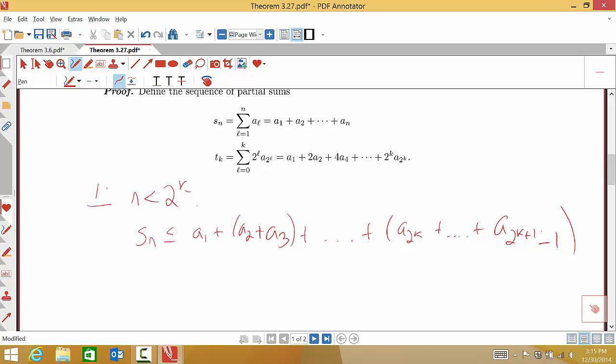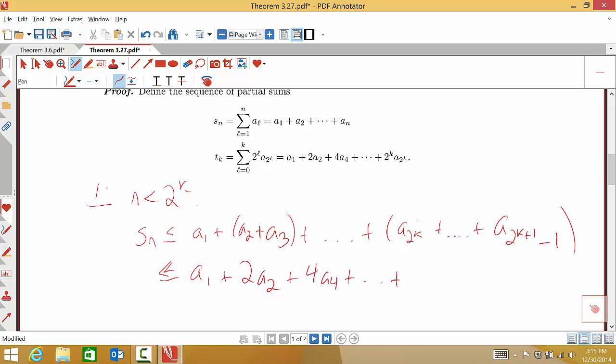Now the idea is I know my sequence is monotonically decreasing, so this is less than or equal to A1 plus 2 times A2. Plus then I would have 4 terms, A4, A5, A6, and A7. All those are less than or equal to A4, and I can just keep going. Plus dot dot dot.